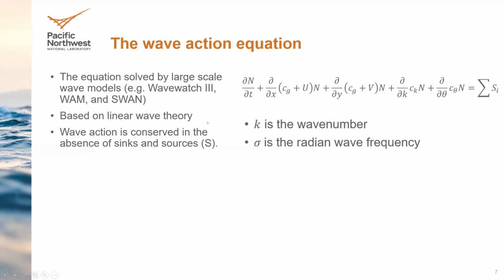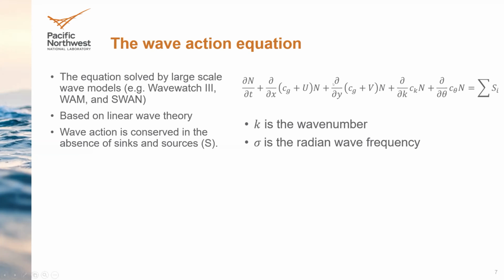And I'm putting here the governing equation for these models, where, on the left-hand side, all you have is you are advecting, so moving that spectrum in time if waves in space, and if waves turn because of bathymetry, you also consider that.